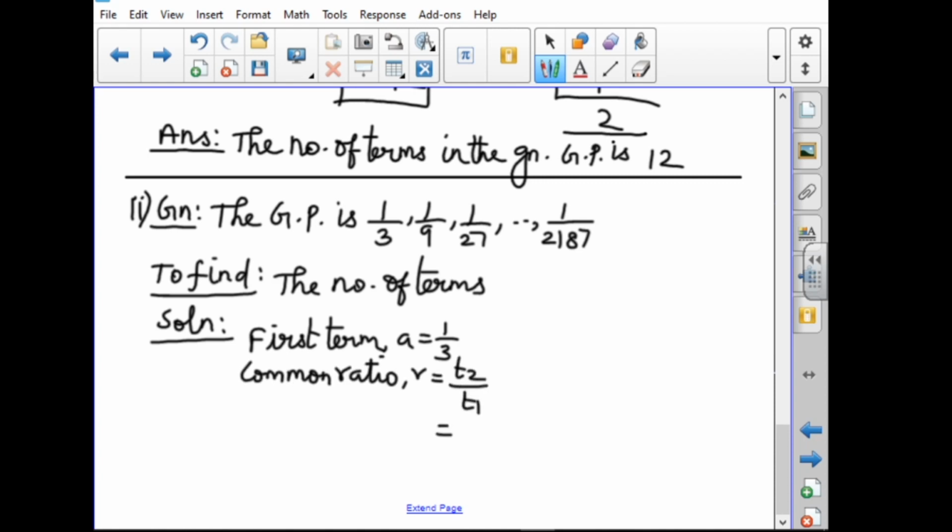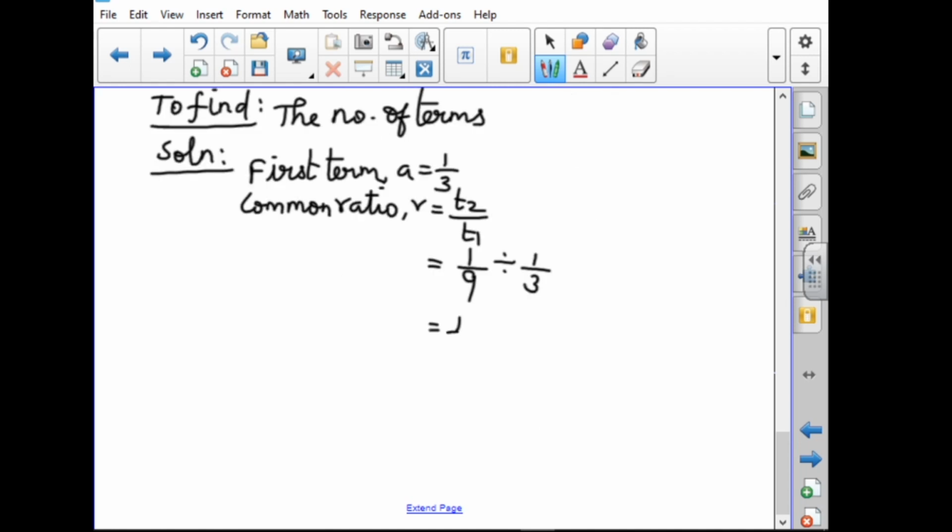T2 is 1 by 9 divided by 1 by 3. Instead of division, write it as multiplication, write the reciprocal 3 by 1. The answer will be 1 by 3. So R equal to 1 by 3.